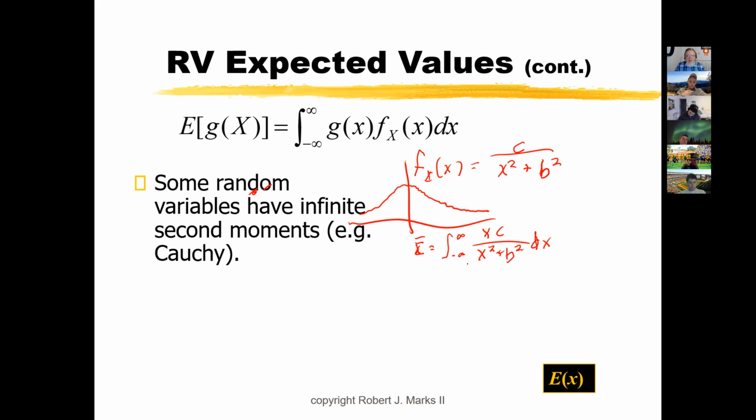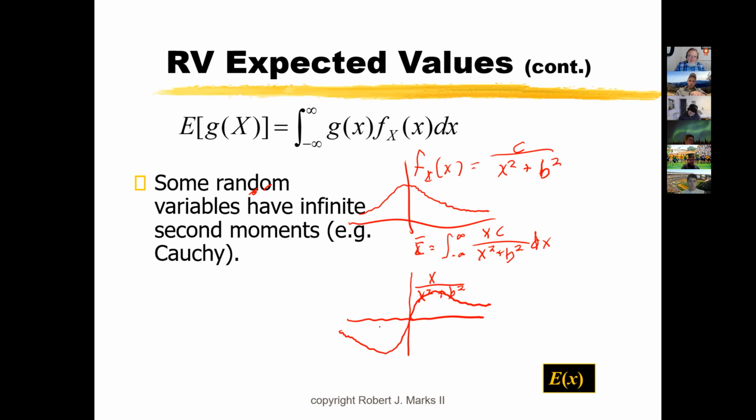Now, if we were to plot the integrand here, you notice this is an odd function, isn't it? So it looks like the mean of the Cauchy is clearly the area under this curve, which looks to be 0, right?